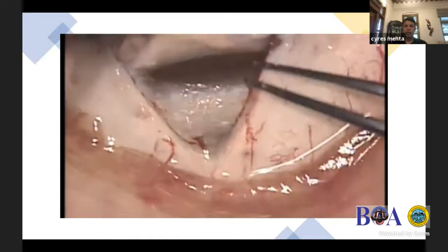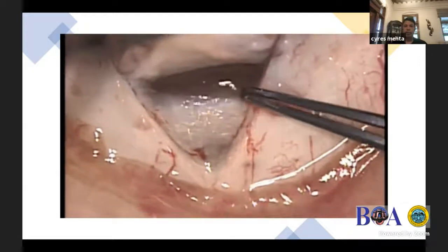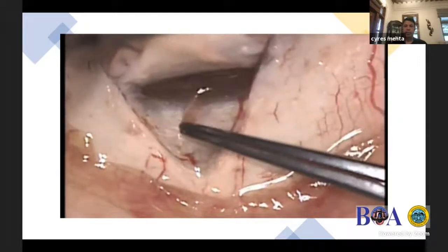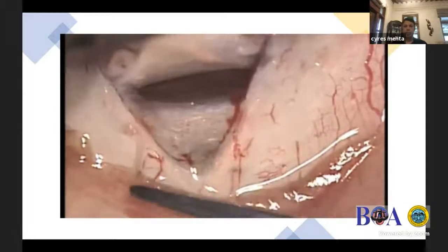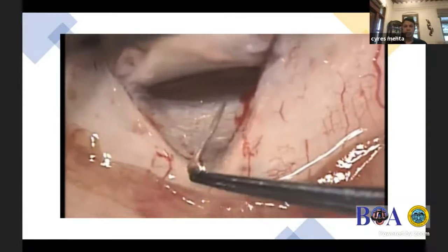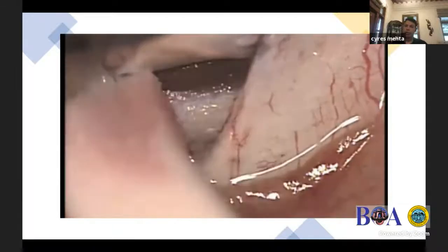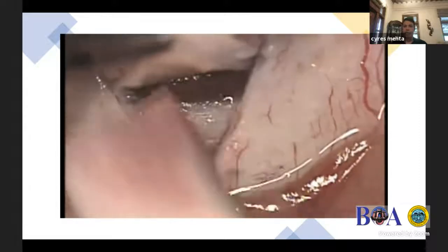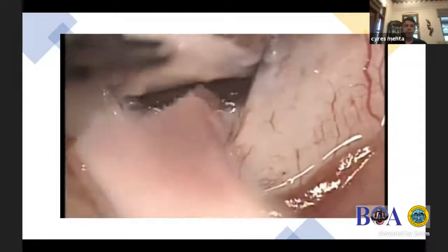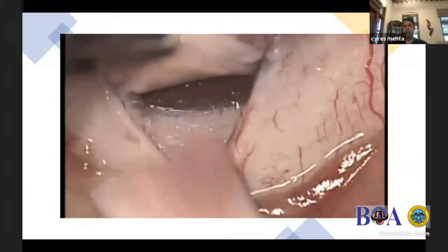So in case this kind of situation arises where you have dissected correctly, then you should peel the membrane. That's a trabecular meshwork you're peeling there. And if there's still not enough flow, you peel it again, or then you have to convert to a trab. In case you do a double peeling and there's still no flow, it's not going to be working the next day just like that.